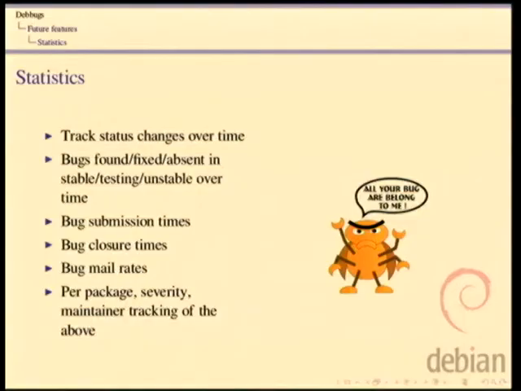It would be much nicer if a huge set of statistics could be generated all the time, hourly, or even up to the minute, so that people can see what's going on with the bugs and who's fixing the most bugs and which packages need more help because their maintainer is not responding, or who's doing a really good job triaging bugs so we can identify them and thank them and promote them. All those sort of things are things that better statistics will help.